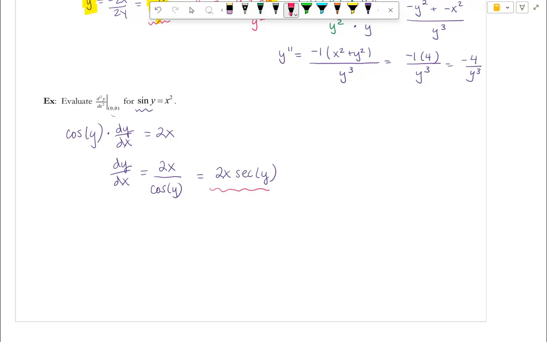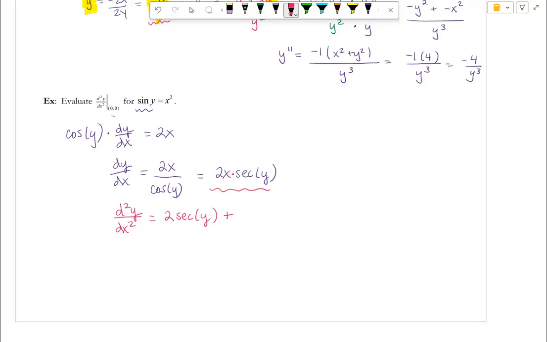So I'm going to use this form of our first derivative. When we go to find our second derivative, I'm going to use the product rule between 2x and secant of y. The derivative of my first factor times my second is 2 secant of y, plus the derivative of my second factor times my first.